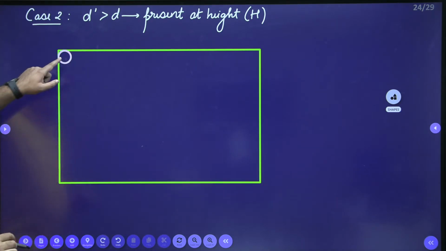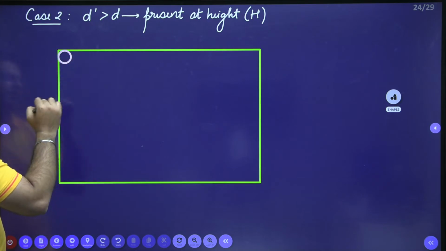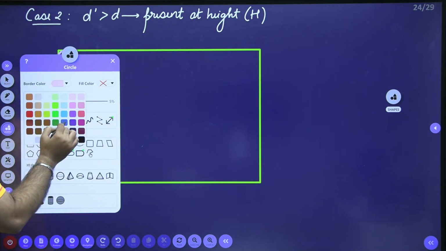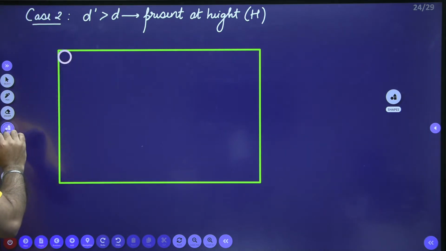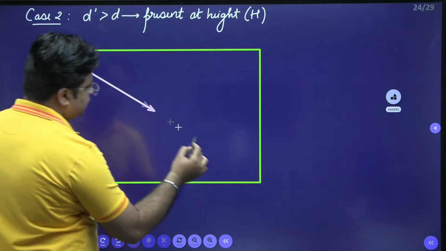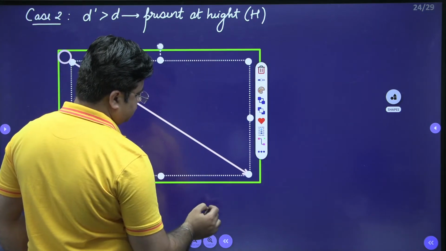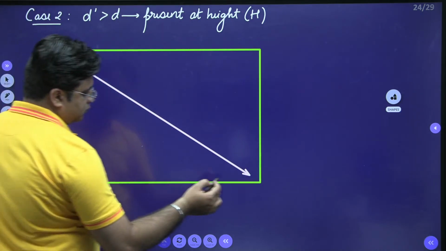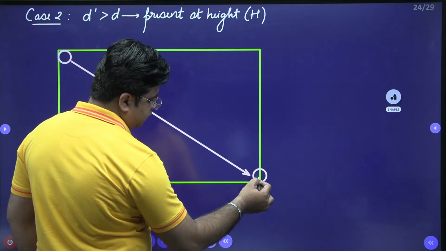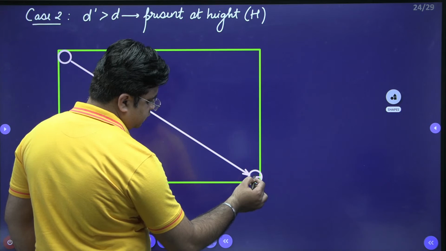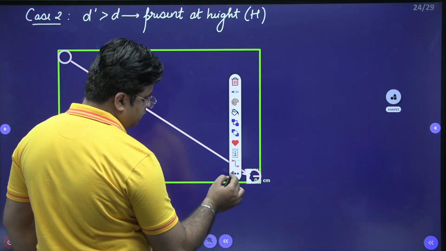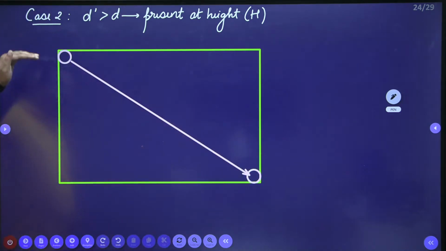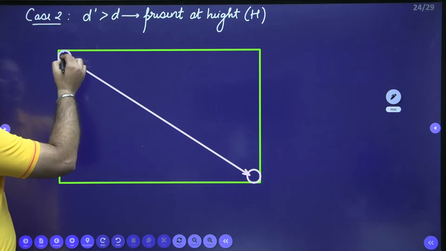This is my concerned size of the particle d. And again I'll draw how it reaches the bottom of the tank. This is how it reaches the bottom of the tank.